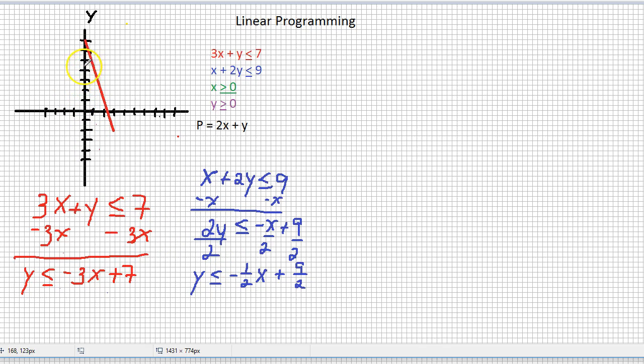So 1, 2, 3, 4, and then halfway right here. Okay, let me grab my line tool. So 1, 2, 3, 4, halfway here, and my slope is negative 1/2, so that means it's down 1 unit over 2, down 1 unit and over 2 units.